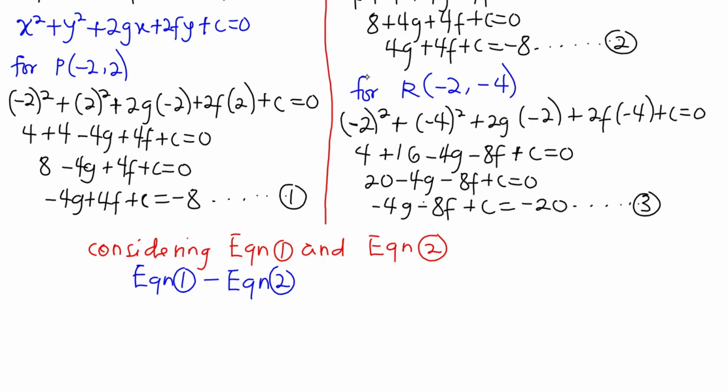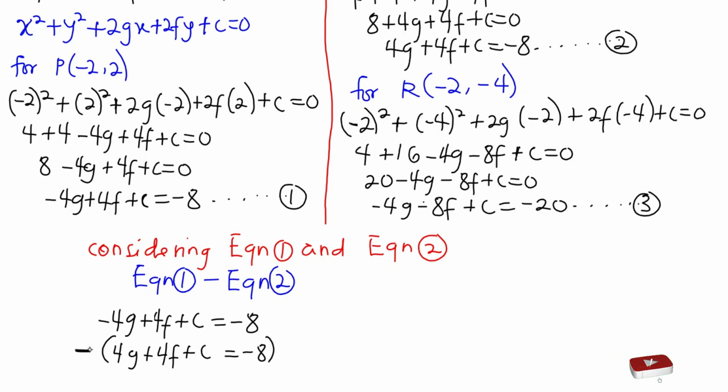So equation 1 is known to be minus 4g, and then we have plus 4f followed by c, giving us minus 8. And we know equation 2 to be 4g plus 4f plus c, giving us minus 8. Since we are doing equation 1 minus equation 2, the minus here is affecting equation 2.